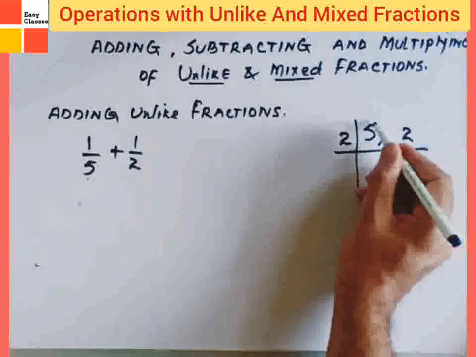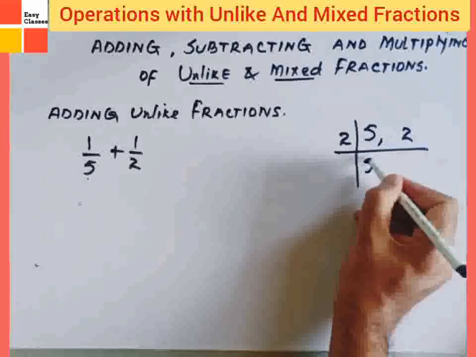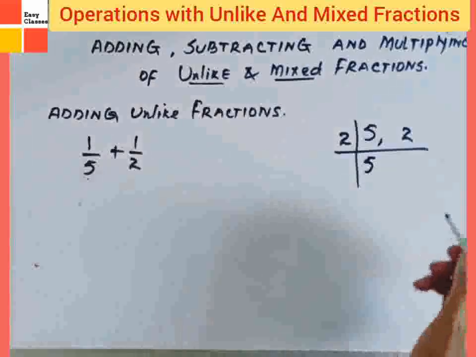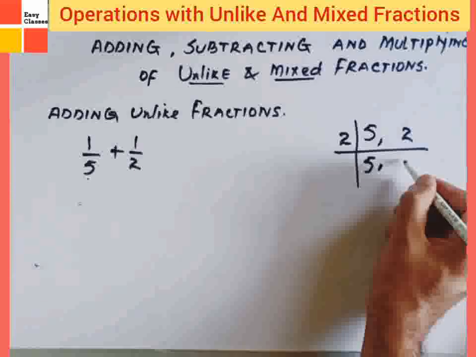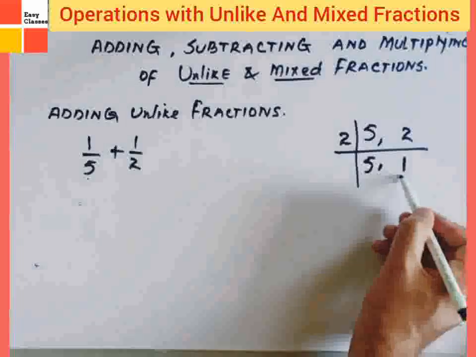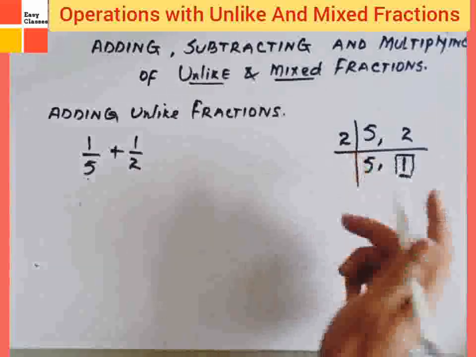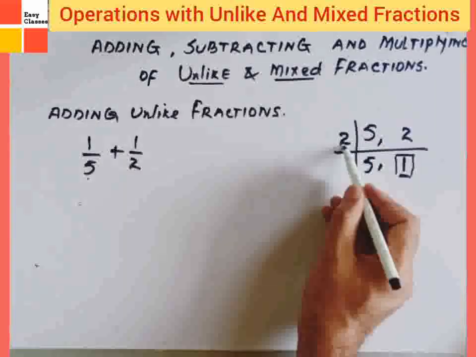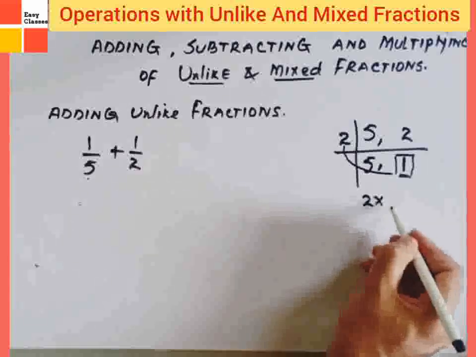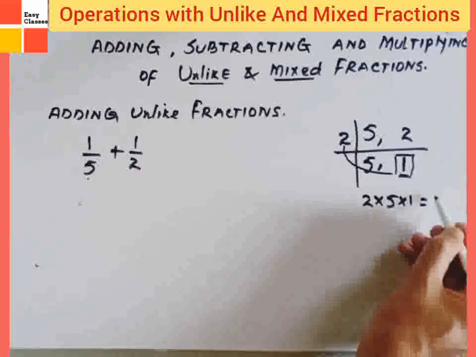So this 5 cannot be divided by 2, I will take 5 down as such, then 2 by 2 is 1. Once you get 1 in the answer, you have to stop right there. Then multiply these: 2 into 5 into 1, that is equal to 10.